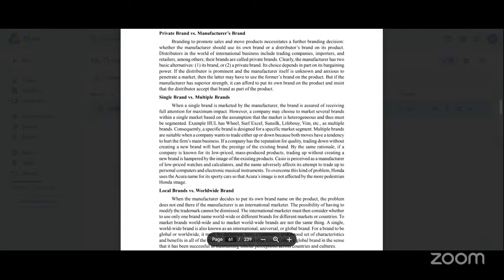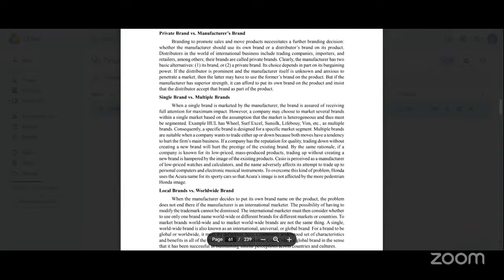Whereas in the second example, if a company is known for its low-priced mass-produced products, trading up without creating a new brand is hampered by the image of the existing products and the kind of use that they are being put into. So they are being used by, say, some locals who are kind of redefining the specific area.